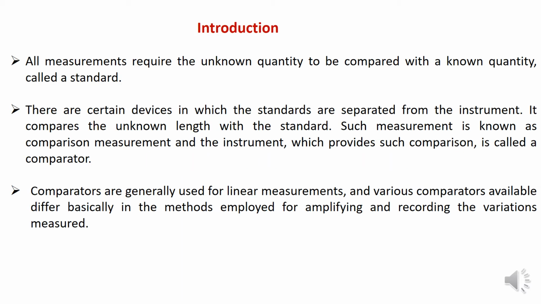As we know, all measurements require the unknown quantity to be compared with a known quantity called a standard. For example, if we go to the market to buy vegetables and ask the grocer to give 1 kg of vegetables, how does the person calculate that the weight of the vegetables is 1 kg?